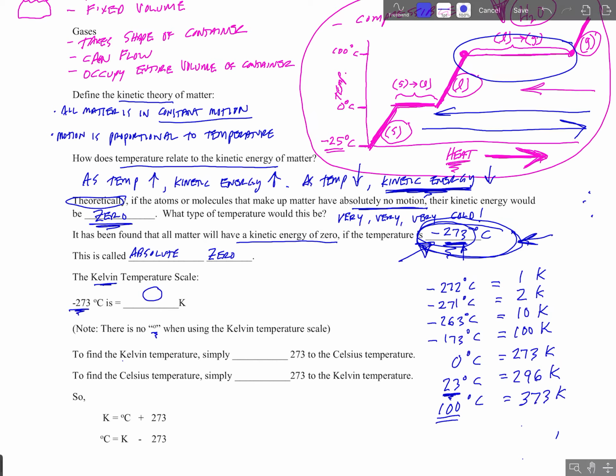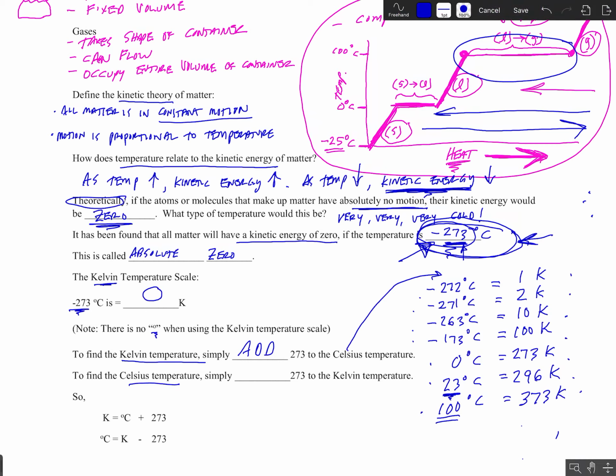So, if you think about it, to find the Kelvin temperature scale, didn't we simply add 273 to these Celsius temperatures? Yeah, if we added 273 to each of these temperatures here, we ended up with the Kelvin temperatures.